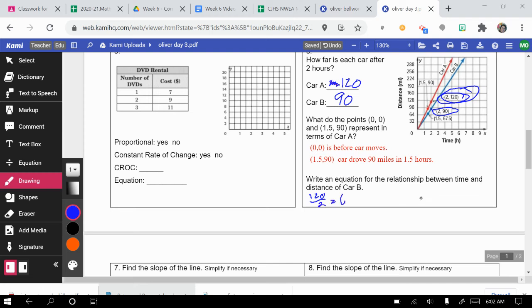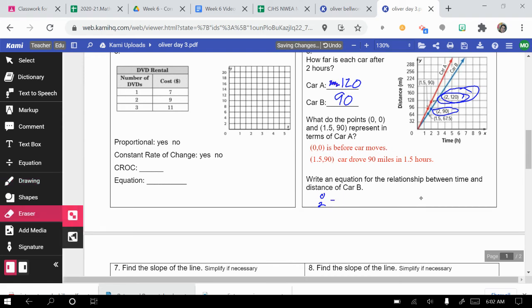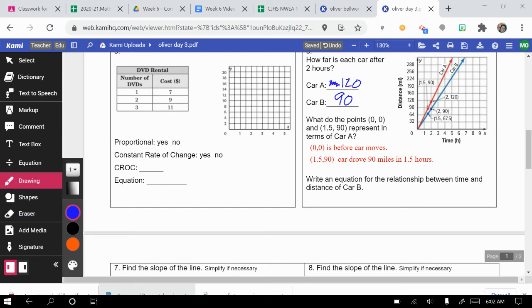I get 60. Wait, nope, that's the wrong one. Sorry, guys. My eyes aren't working this morning. So look and see. Okay. We're going to take our 2 and 90. So take 90, divide it by 2 to get 45. So we have y equals 45x.